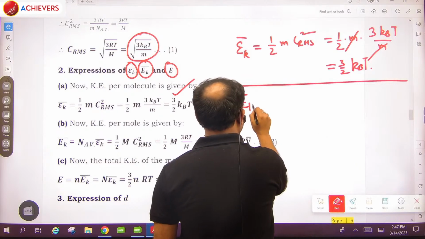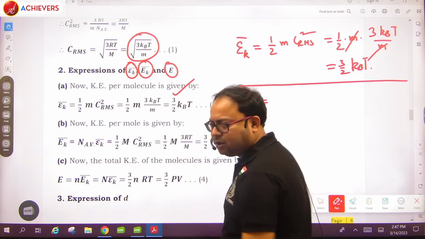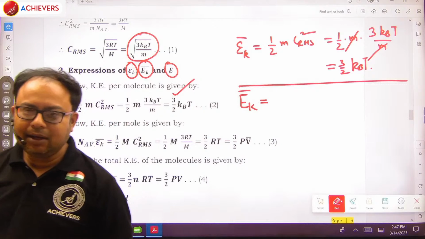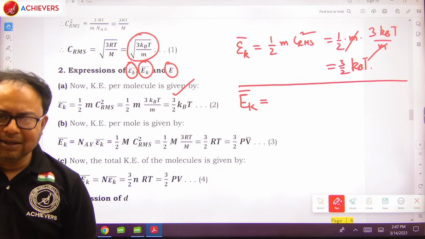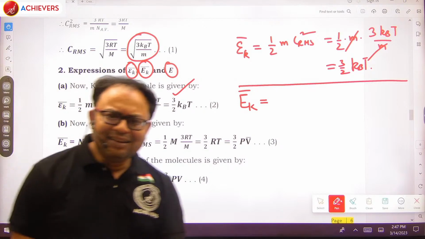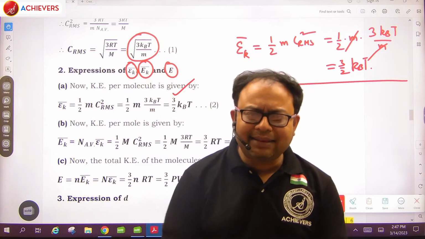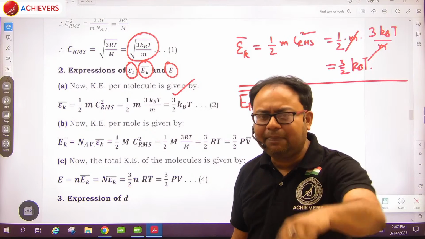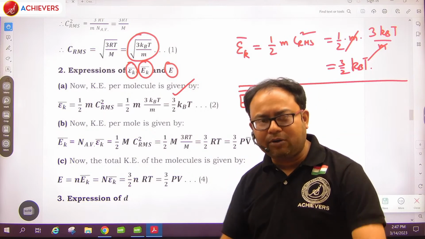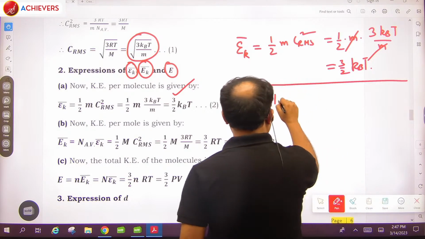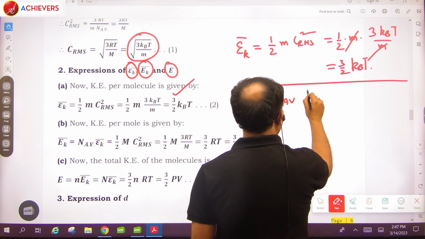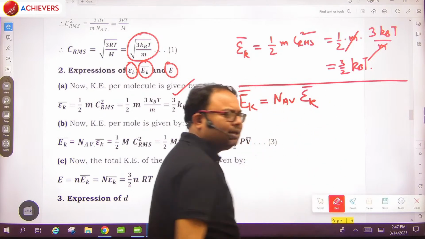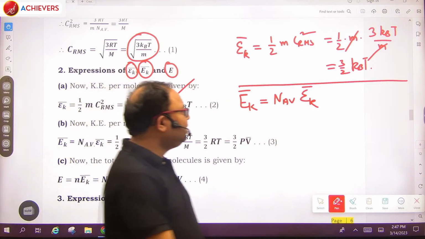Now E k bar, sorry, E k bar, not average, is the molar kinetic energy. You have to do nothing. This is molecular kinetic energy. Just multiply the molecular kinetic energy by Avogadro number. That will yield the molar kinetic energy.